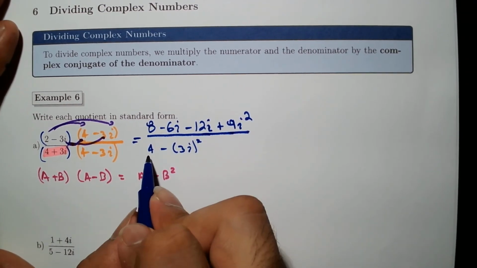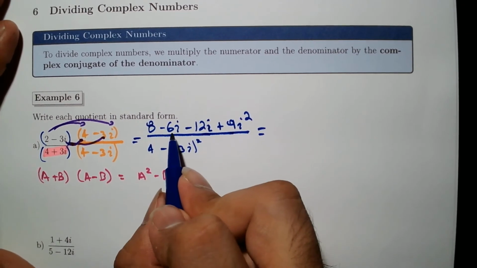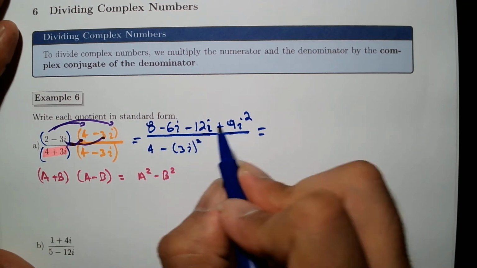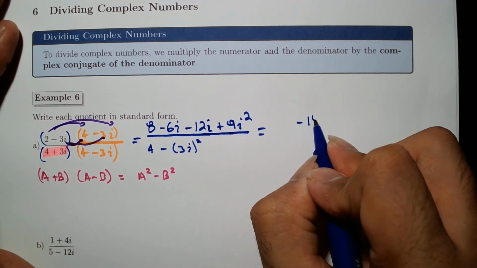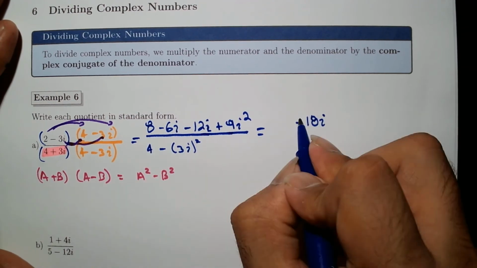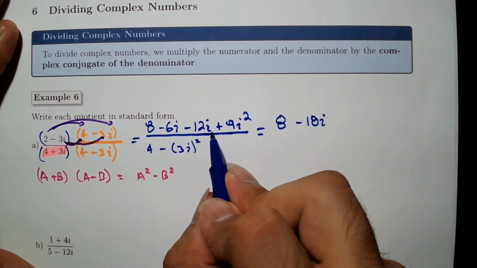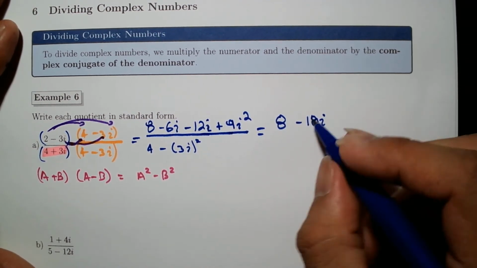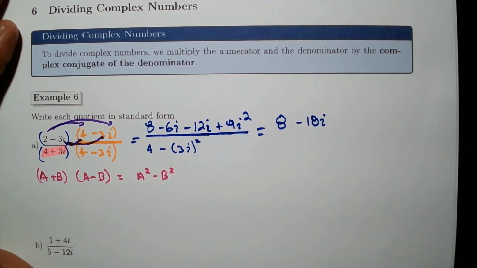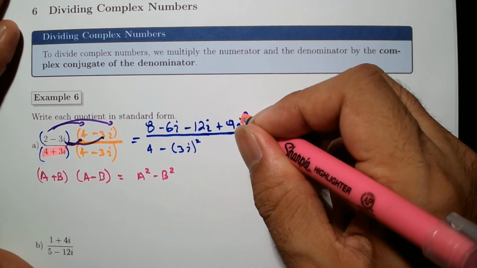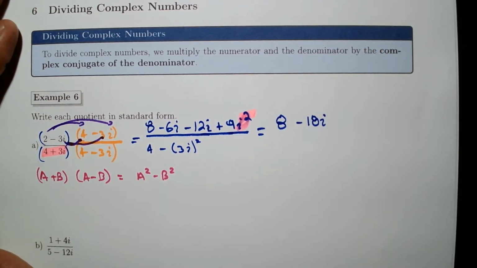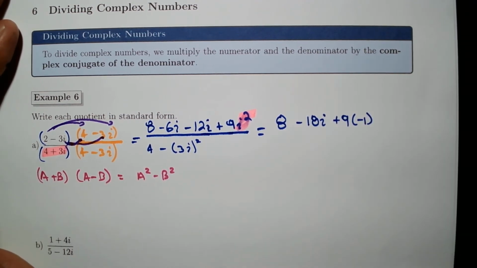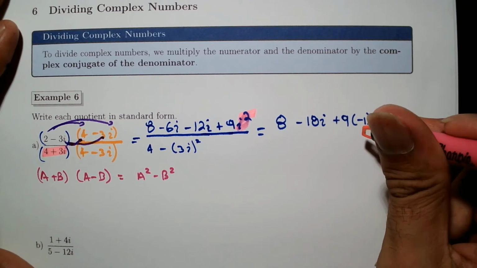So what are we going to get here? Combine these i's, negative 6i minus 12i, that's going to give us negative 18i. Bring this 8 over here and simplify the i squared. But again, what did we say about i squared? Isn't that negative 1? Right? This turns into negative 1.